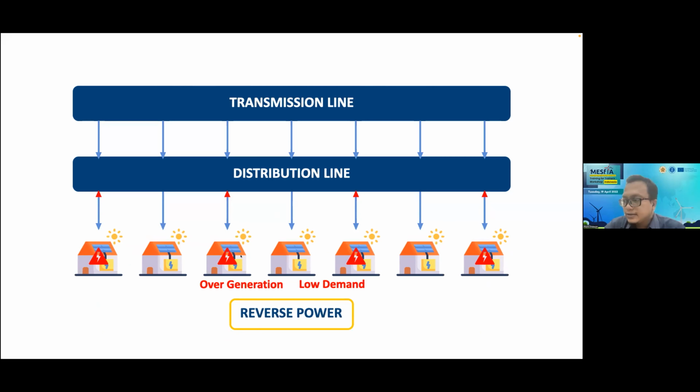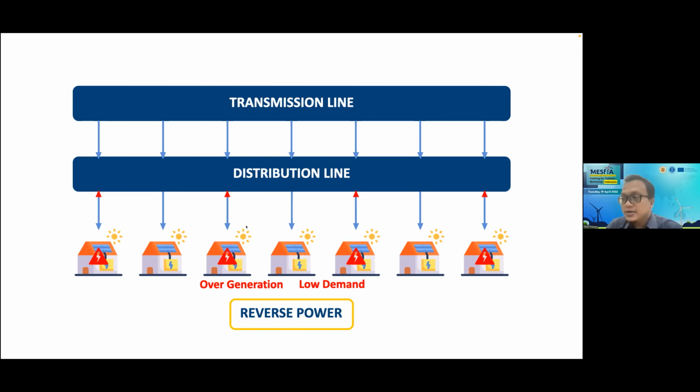It's not only about the reverse power, but also the technical minimum load: you need to operate at a certain level of power being consumed by the customer. If it is below that, it might go into a blackout because it's not stable.